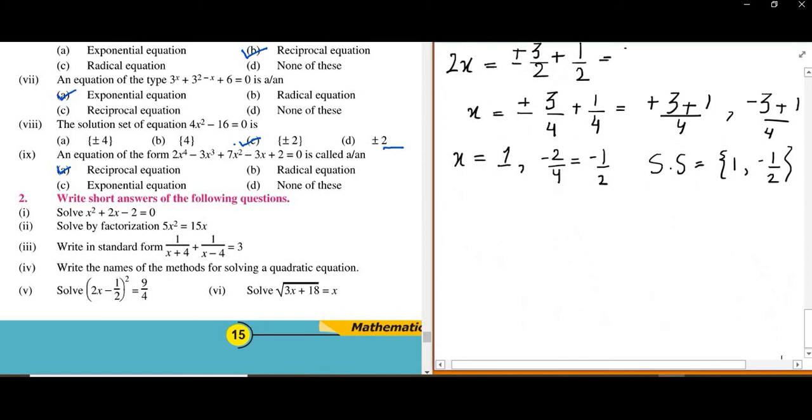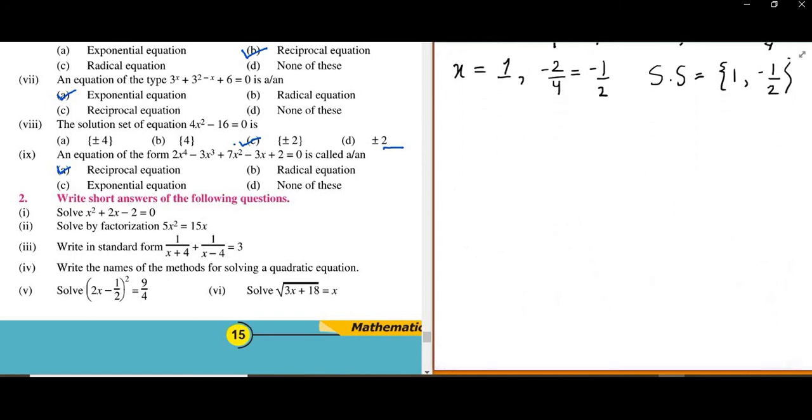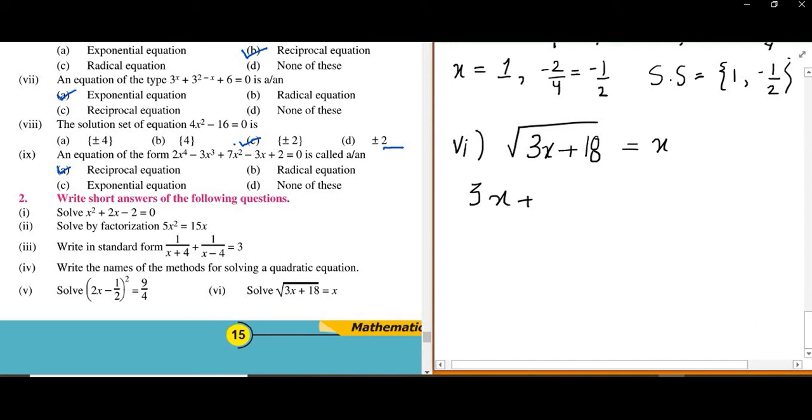Solve square root of 3x plus 18 equals x. Again, take square on both sides, then you will get the simple form, which is 3x plus 18 equals x square. This becomes x square minus 3x minus 18 equals 0.